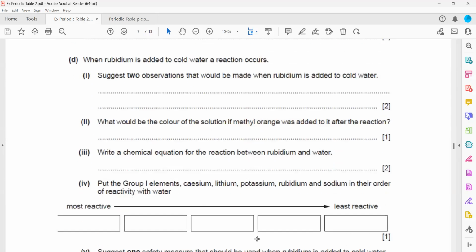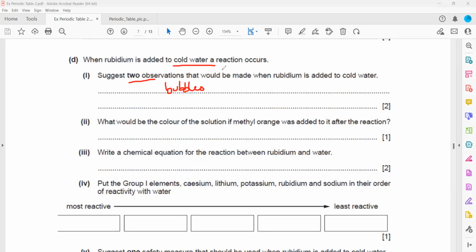In part D, rubidium is added to cold water. Suggest two observations. When alkali metals are added to water, what are the observations? Vigorous reaction. So bubbles will be there, the metal dissolves.